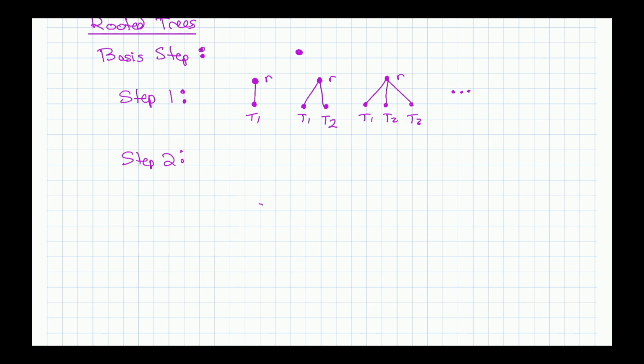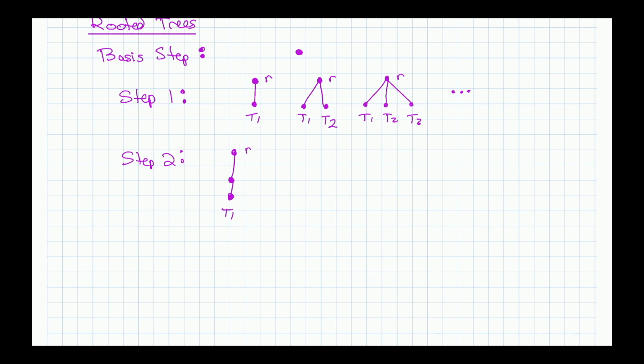So your T1 now could be anything. It could be one of these guys, for example, and that could be it. So then once you have that, you would just have a new R and then you connect it. So that's a rooted tree.